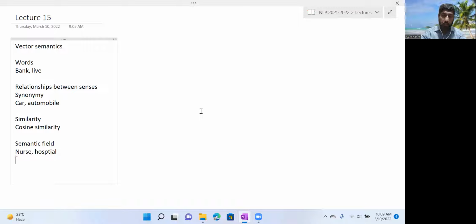Similarly, a carpenter and the saw. By the way, saw is also a highly polysemous word. Saw is the past tense of see, and saw is also the noun, a tool that is used to cut wood. Again, these two are not synonyms, but they are of course related. And then you can even have things like antonyms.